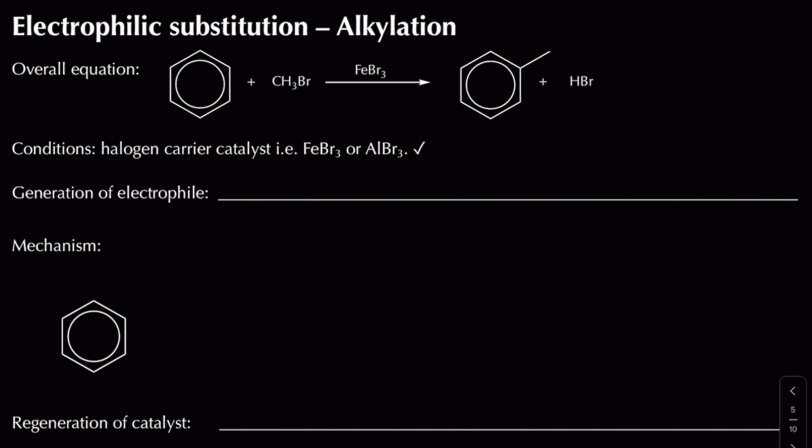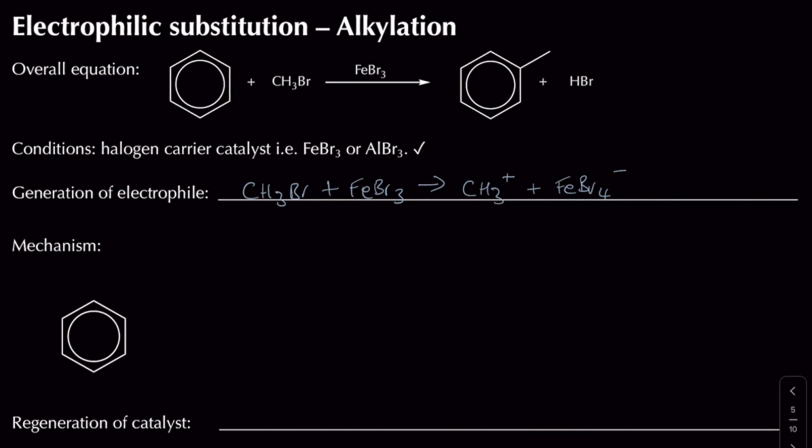If we were to look at the electrophile though, similar type of reaction compared to halogenation, where we take our CH3Br, and then our key condition, which is a halogen carrier catalyst, which is going to be having a FeBr3 or AlBr3, either one, and what you end up with is CH3 plus, positively charged as well, and then you're also going to end up with FeBr4 minus itself.